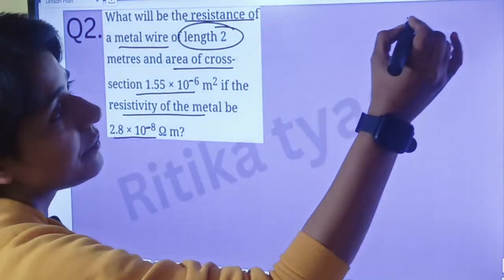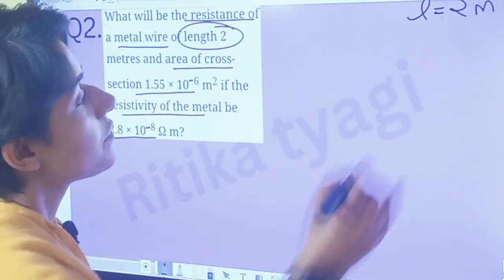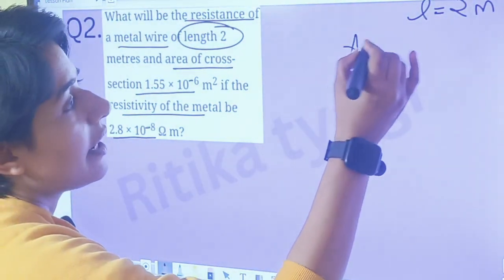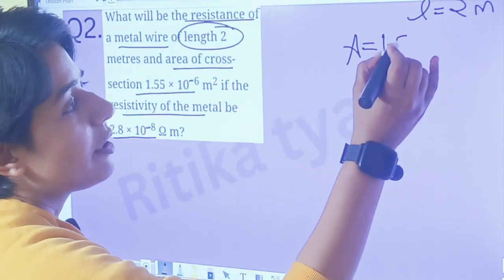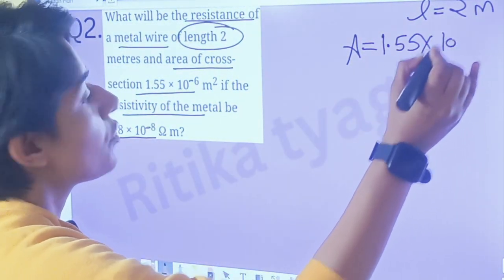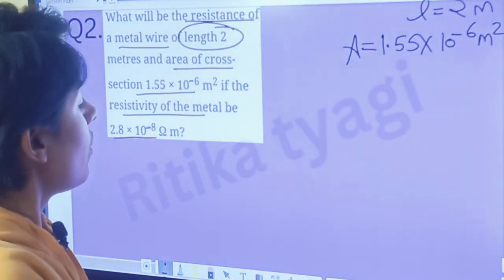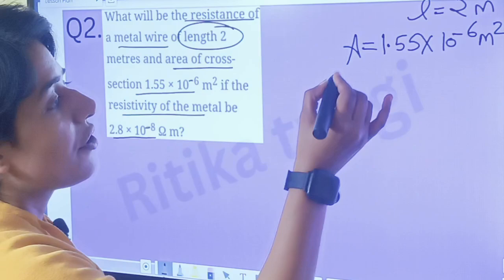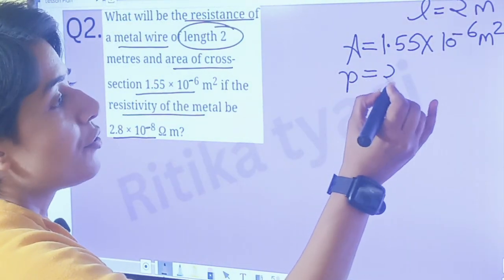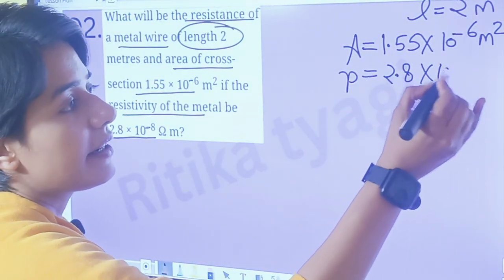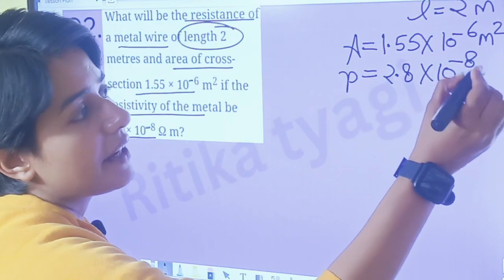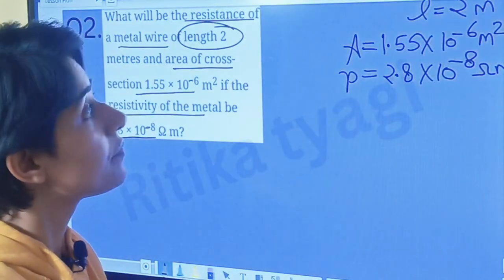Here given length 2 meter, area of cross section 1.55 multiplying 10 to the power negative 6 meter square. Value for resistivity 2.8 multiplying 10 to the power negative 8 ohm meter.